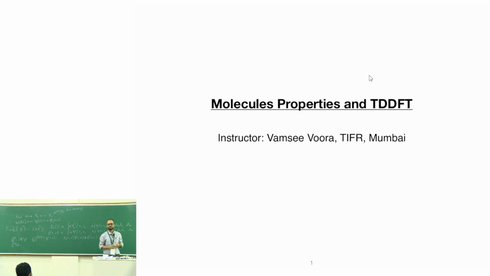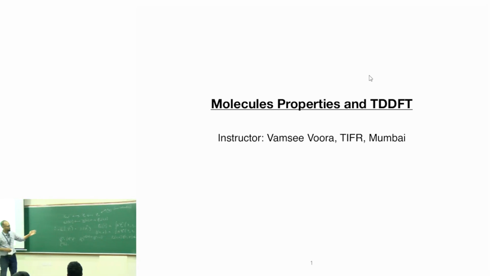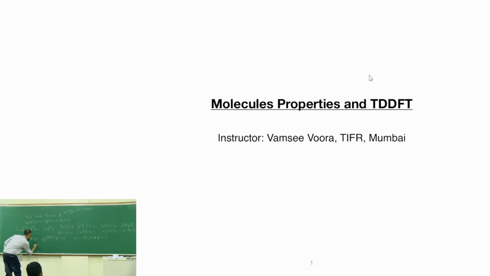So instead of psi naught, what will I have? I'll have a phi naught, the Kohn-Sham one. And now I have a simple Slater determinant, made up of anti-symmetrized Hartree products of all of these orbitals. If I do this same process, I get a very simple form for the Kohn-Sham density. The Kohn-Sham density turns out to be simply a sum over p in N_p, where N_p denotes the occupied orbitals.